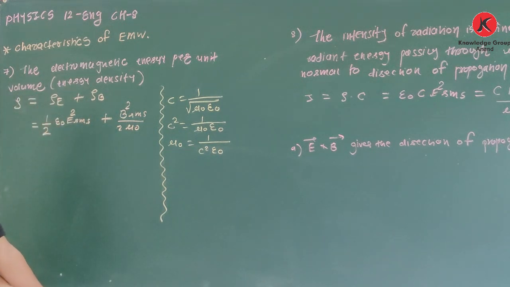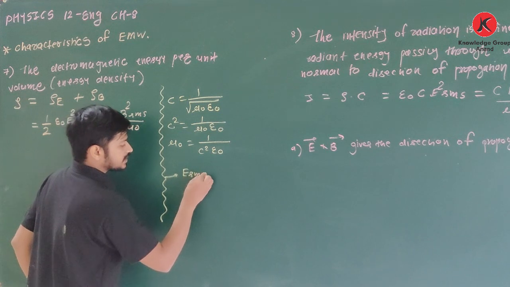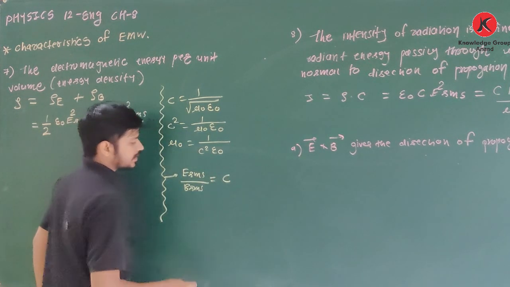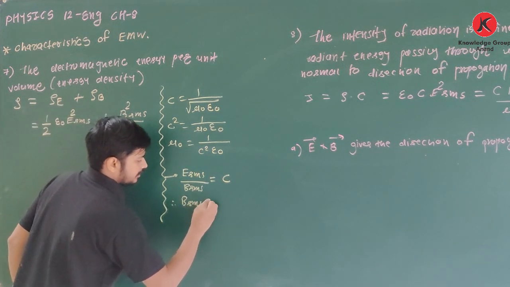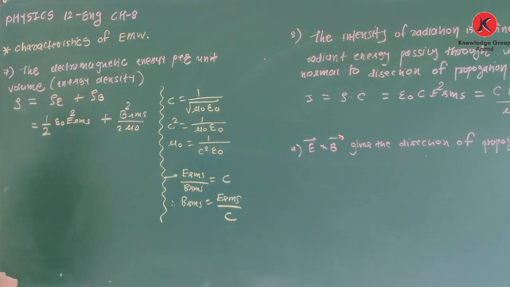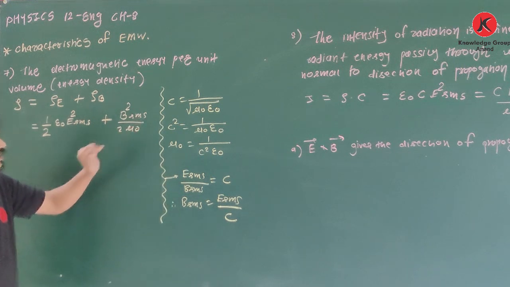Simple? Yes, it is. The second relation: E RMS upon B RMS is equal to C. Therefore, B RMS is equal to E RMS upon C. Now put mu 0 here and this B RMS here.